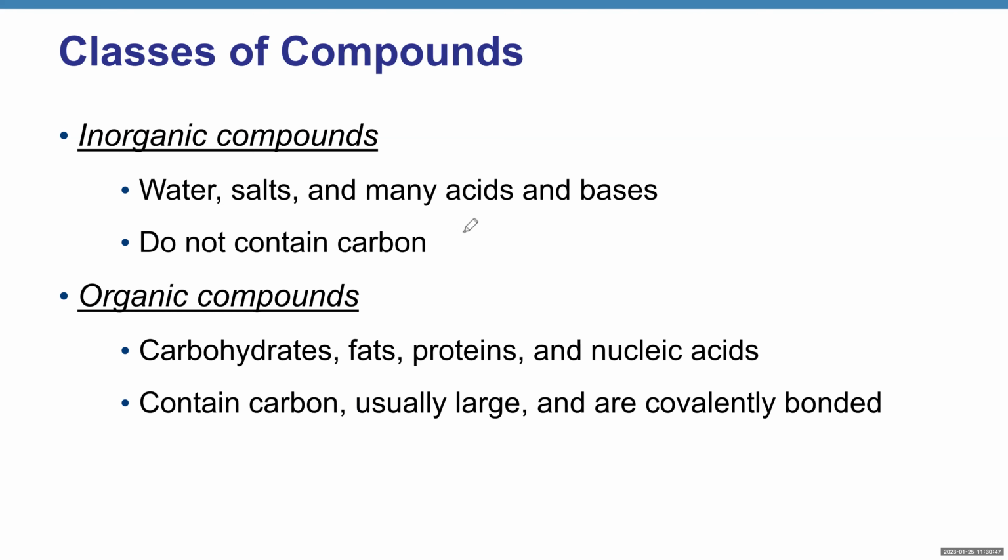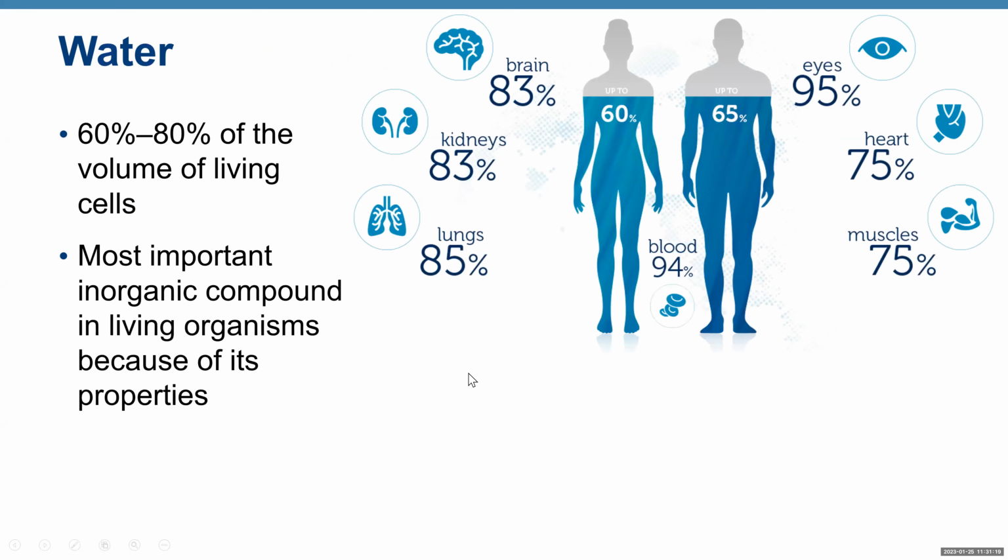Inorganic compounds might have carbon, like CO2, for example, but because they don't have hydrogen, they are inorganic. Organic compounds include carbohydrates, fats, proteins, and nucleic acids. Those are large macromolecules. Of course, we have many other organic compounds, but those are specifically important for us because that's what we're going to cover in this chapter.